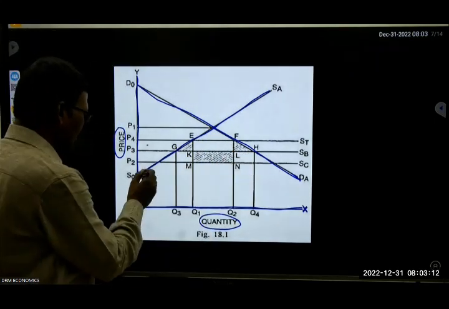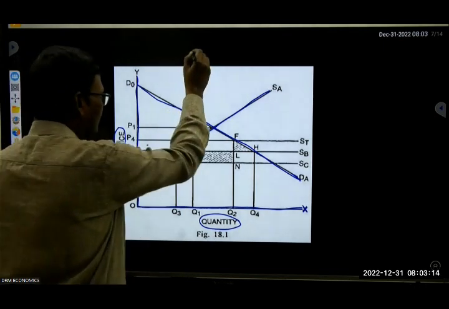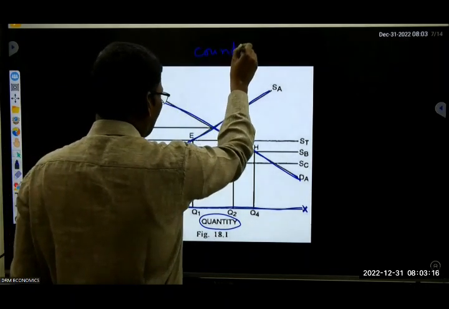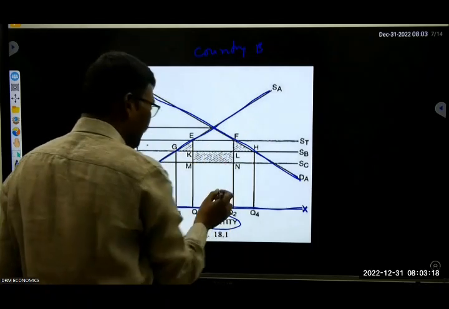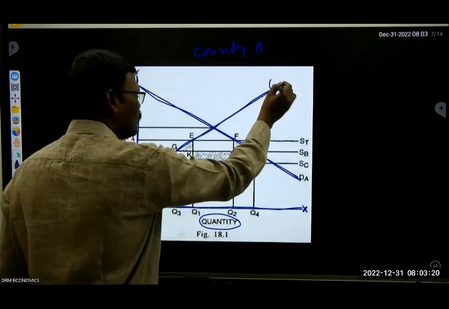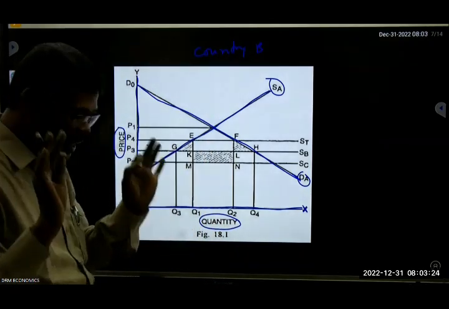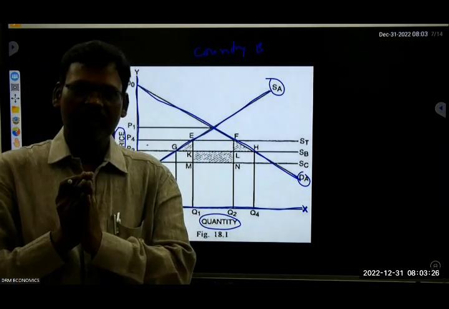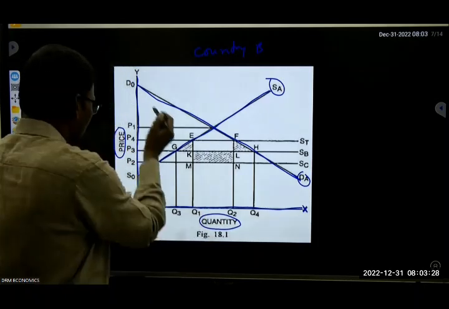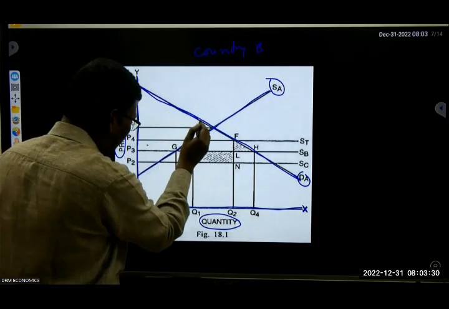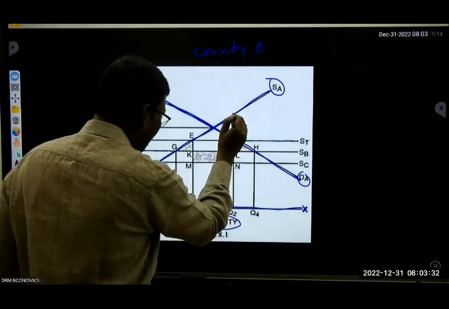Here we are taking country A only, so we are going to see the country A supply curve and demand curve. Generally, we know where supply and demand get the equilibrium.